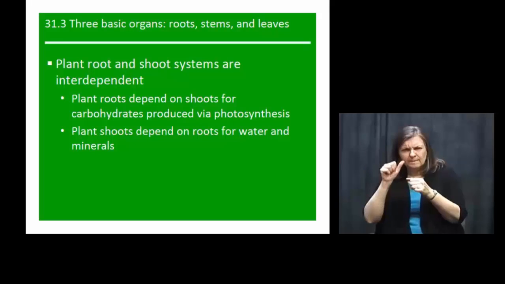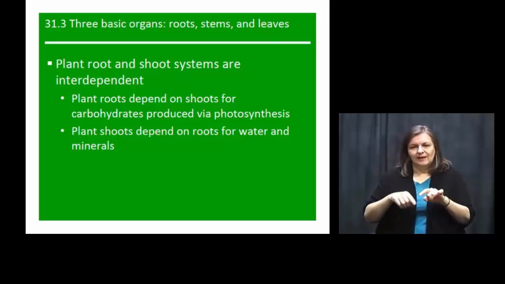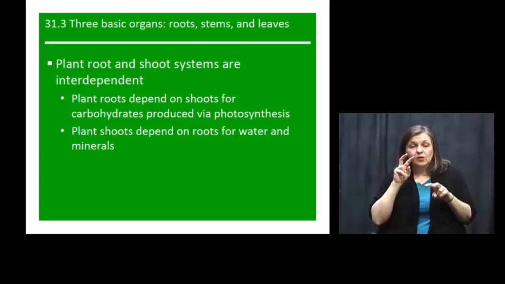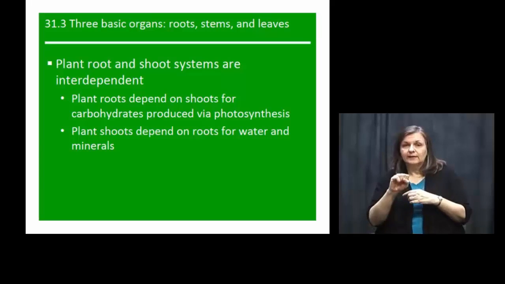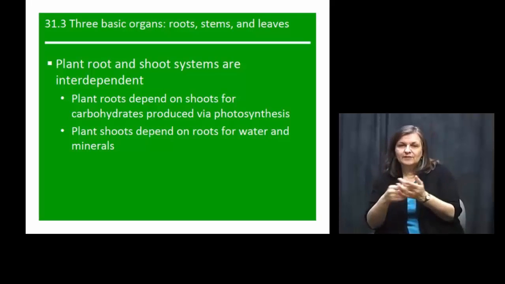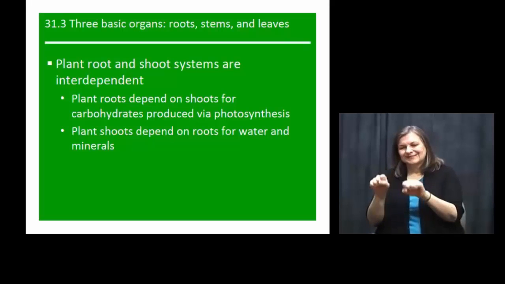I just want you to keep it in mind that these are interconnected systems, and we can't talk about movement of water and sugar around a plant without looking at both roots and shoots or stems. Stems and shoots are often used interchangeably. Remember, we said a little bit ago that a shoot system is the combination of stems and leaves.